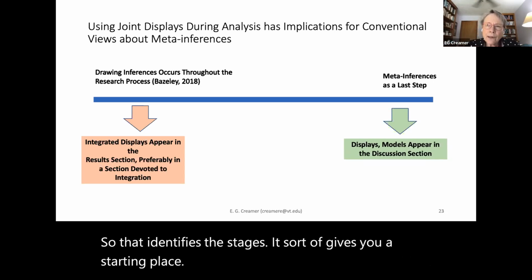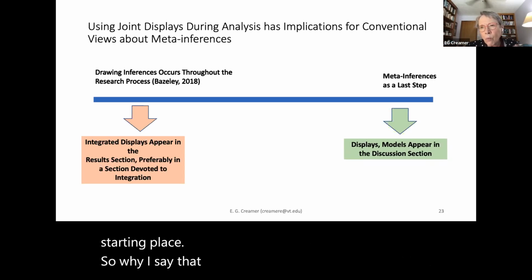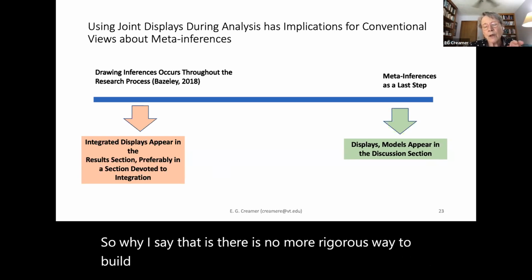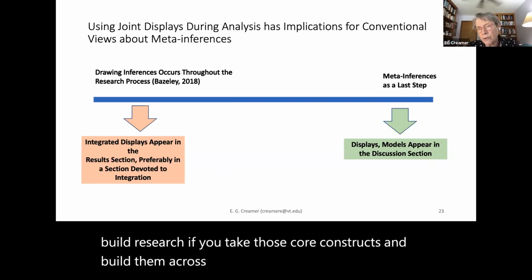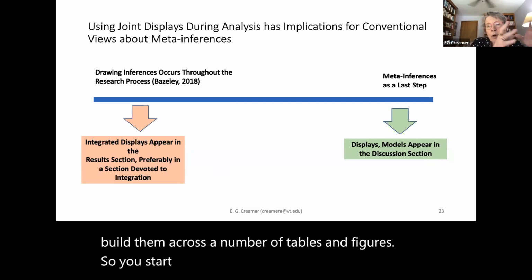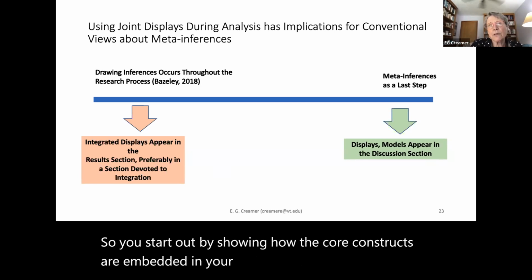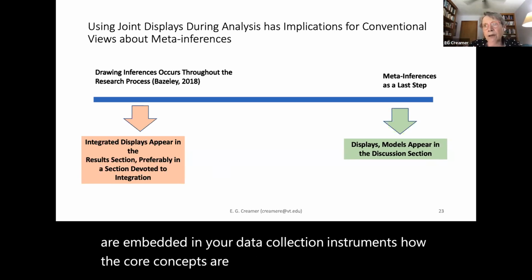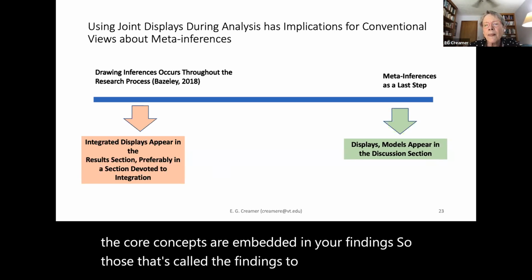That is why I say there is no more rigorous way to build research, if you take those core constructs and build them across a number of tables and figures. You start out by showing how the core constructs are embedded in your data collection instruments, and how the core concepts are embedded in your findings. That's called a findings-to-theory table.